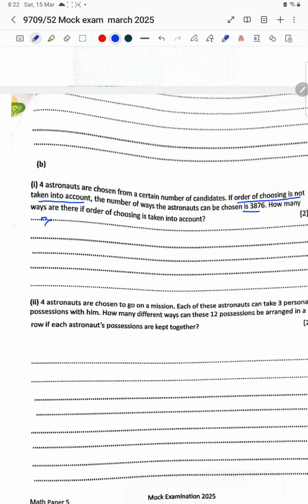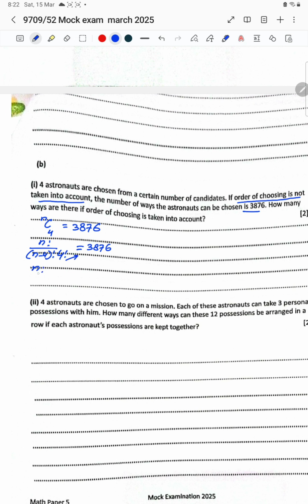Okay, and nC4 is given to be 3876. Yes, this number. So if you open this one, it will be n factorial divided by n minus 4 factorial times 4 factorial equals 3876, and 4 factorial can go to the other side to multiply.